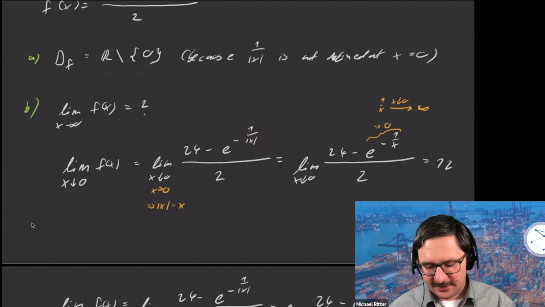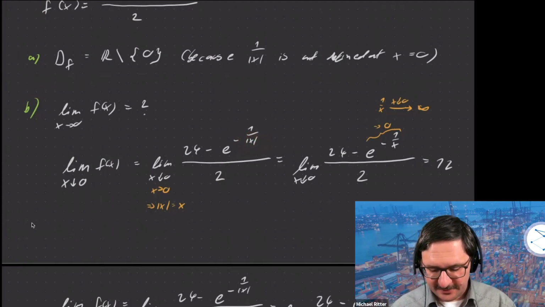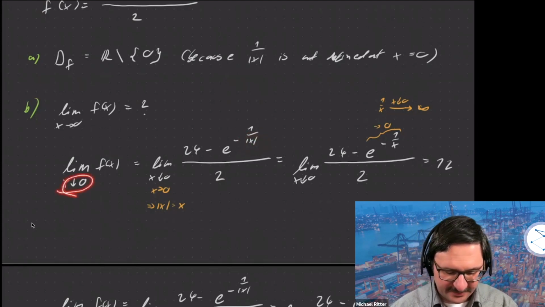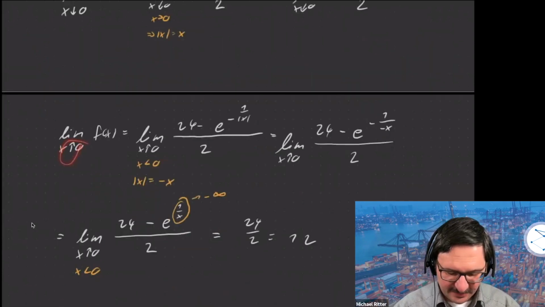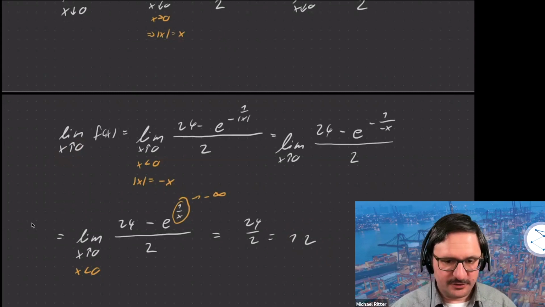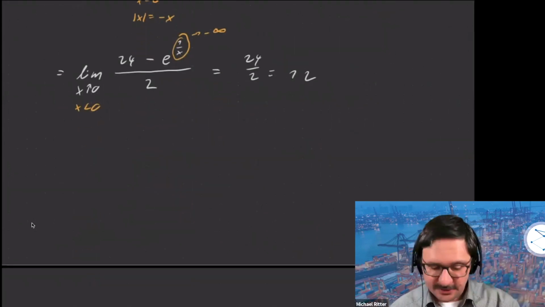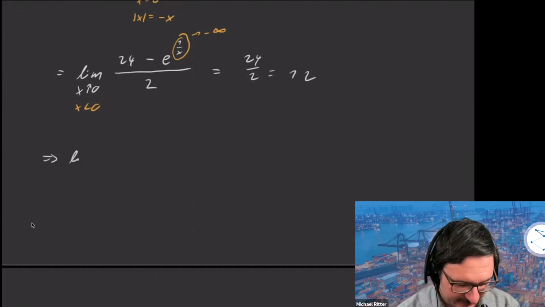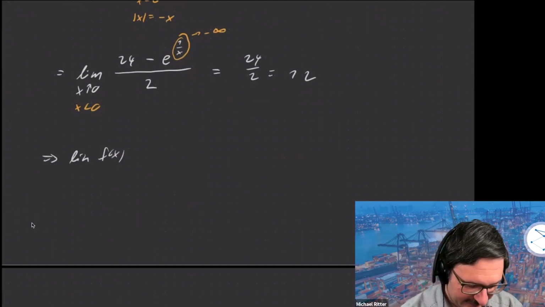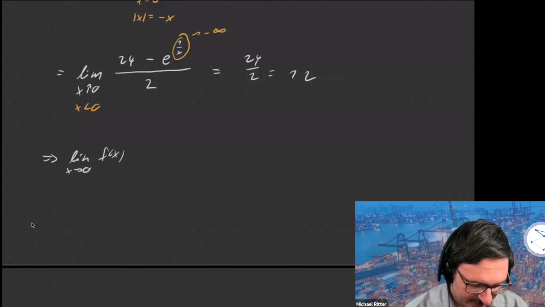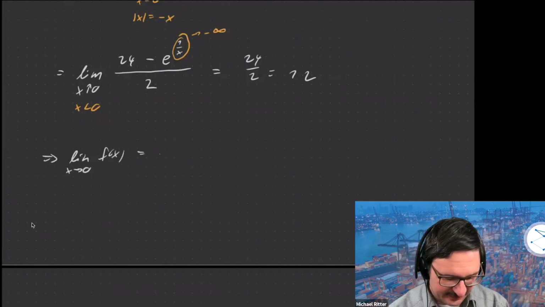So of course you would expect that the value for positive x and the value for negative x would be the same. So both of these tend to 12. And that means both one-sided limits do exist. So the limit of f of x as x tends to 0 does exist and is 12.